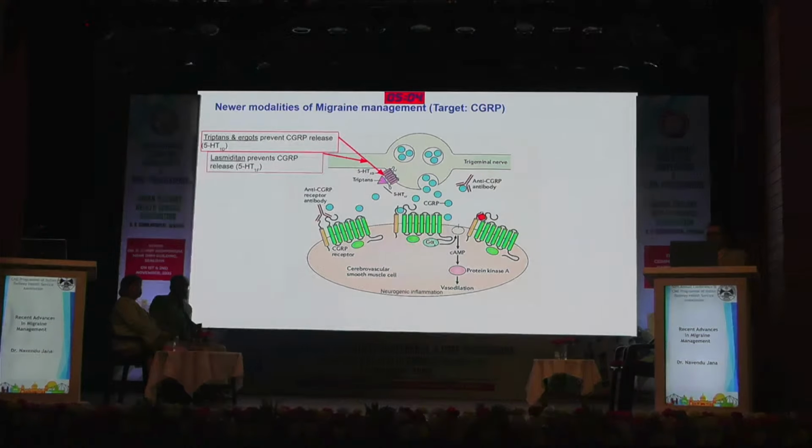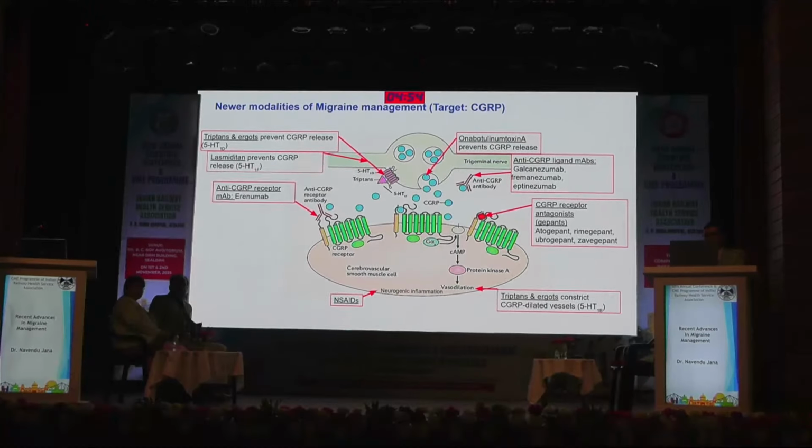The recent pathophysiology of migraine has shown that CGRP, the calcitonin gene-related peptide, plays a very important role in migraine pathophysiology. As you can see, triptans and ergots, the sumatriptans and rizatriptans that we often prescribe, prevent CGRP release through the 5-HT1D receptors. Lasmiditan, which got approval only a few years back, also prevents CGRP release.